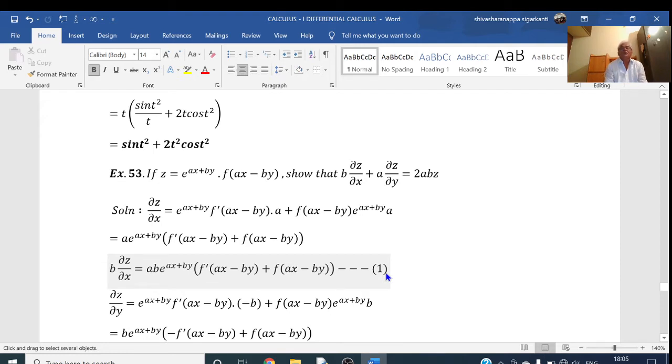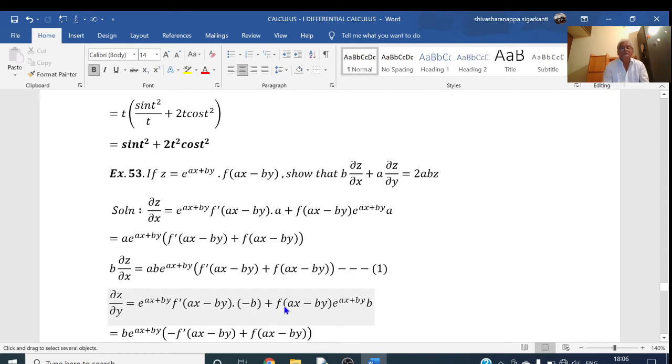Next, differentiate z with respect to y partially. We get ∂z/∂y equal to, again using the product rule: first function e^(ax+by) into the derivative of the second, f'(ax−by), times the derivative of ax−by with respect to y. The derivative of ax is 0, and the derivative of −by is −b.